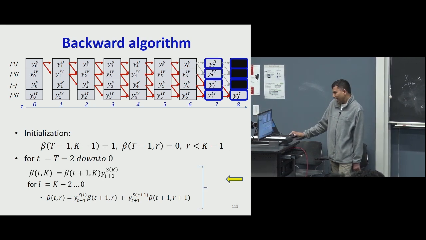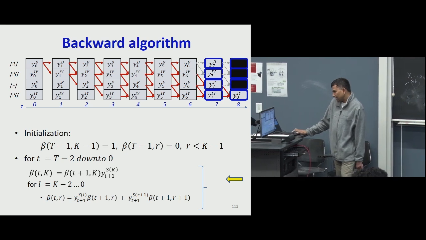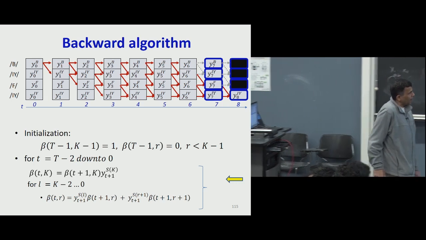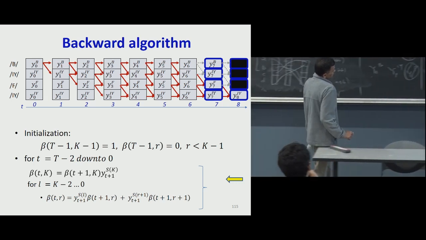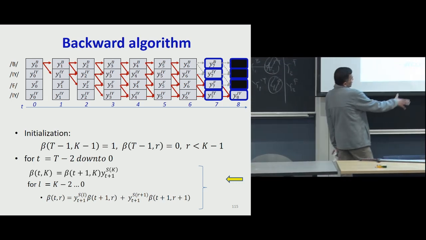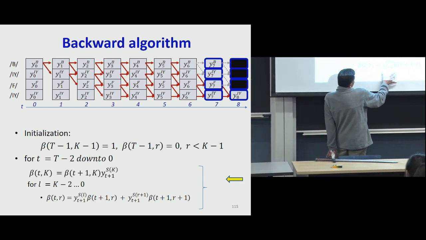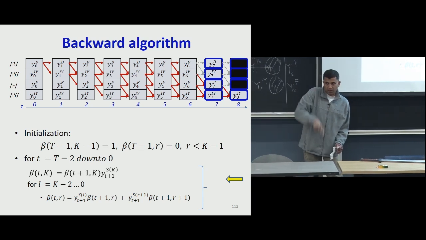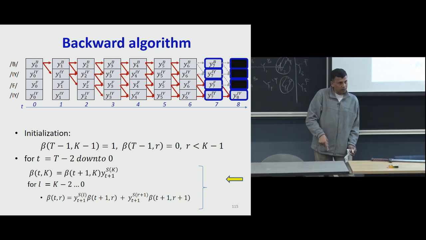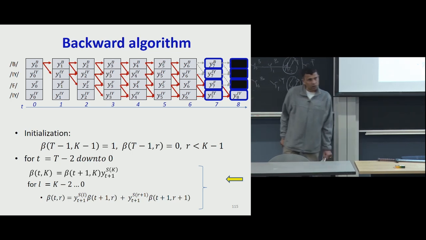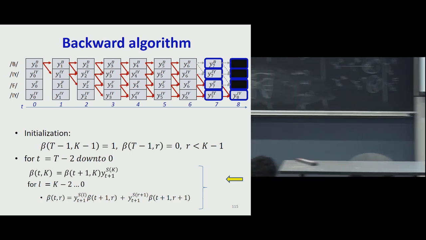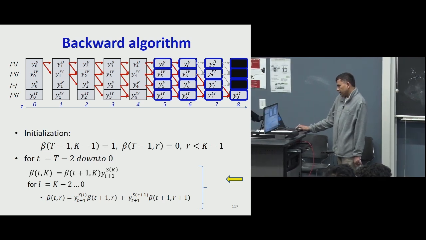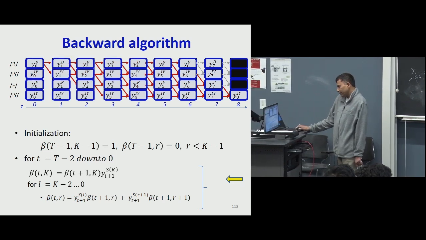Now I can keep going backwards, recursively using the formula we just saw to compute the beta for every entry in the column using the betas in the next column. I compute the beta for the last column, then the one before, all the way to the beginning, right?